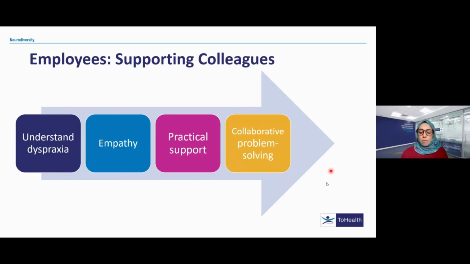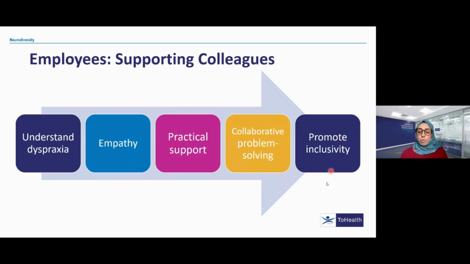So this is how you can promote inclusivity by playing a pivotal role in fostering a more inclusive workplace. If you are able to actively support colleagues with dyspraxia, that can contribute to a more cohesive and vibrant workplace.